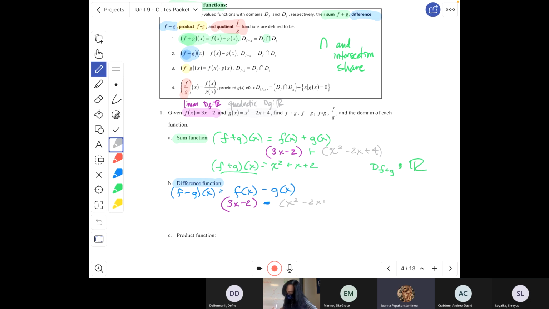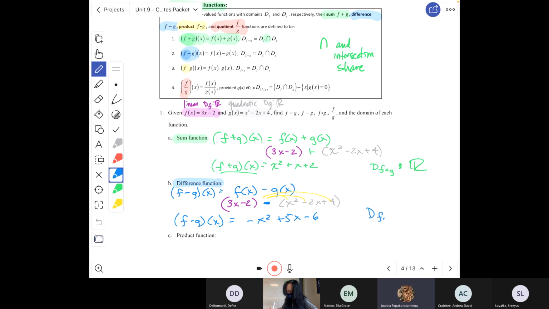I have to subtract every term of g of x from its like term in f of x. And so the difference, f minus g of x, combine like terms. So again, first distribute and then combine like terms. Tell me what the difference function is. Negative x squared plus 5x minus 6.